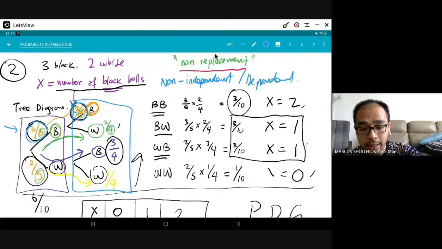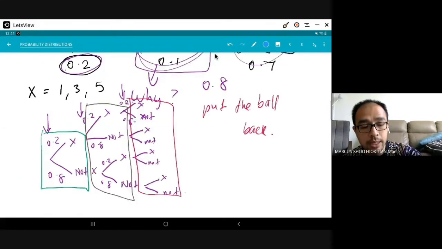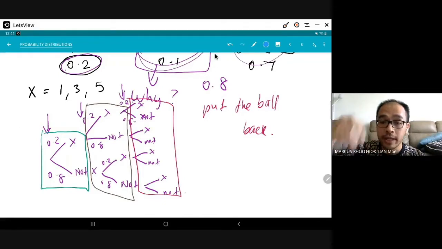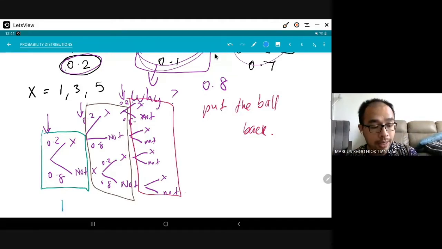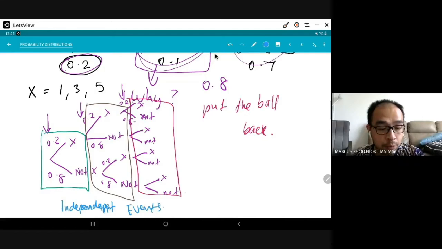But in this case of our this one, we find that although there are 10 balls, every time you take one ball, you put back the ball inside the box. Okay, so we call this independent events. And you know there is independence sebab dia punya kebarangkalian kan sentiasa sama.